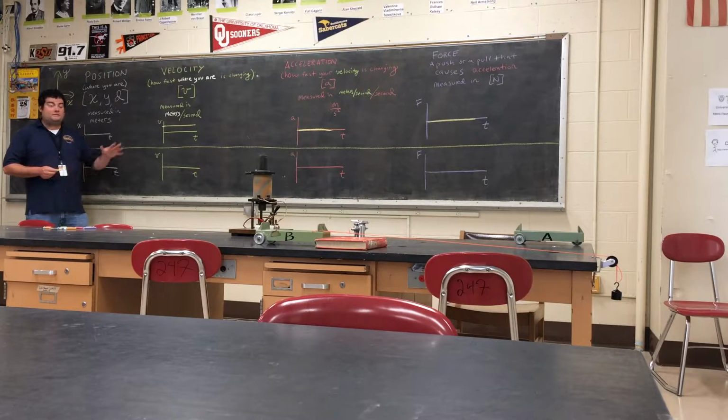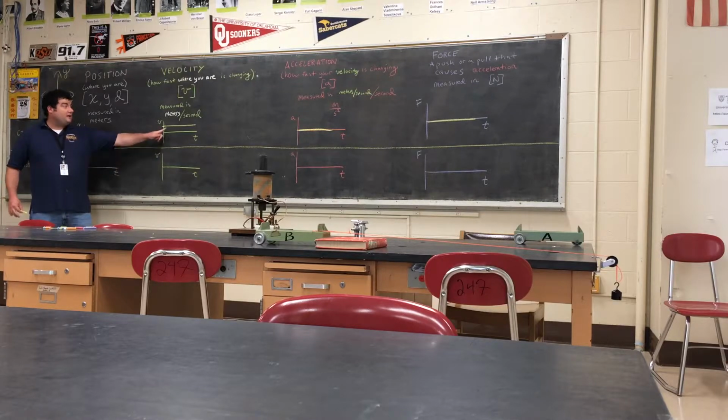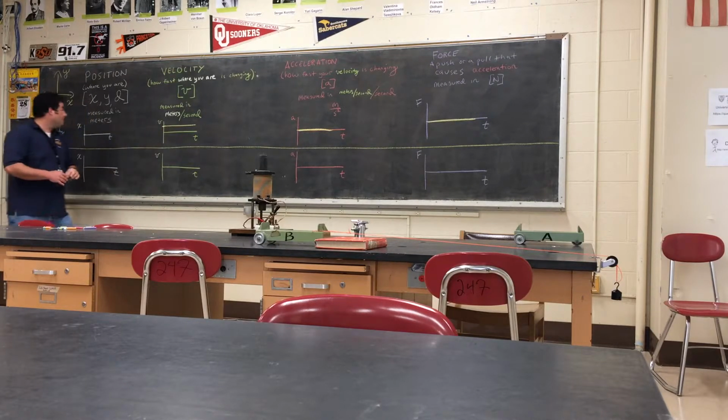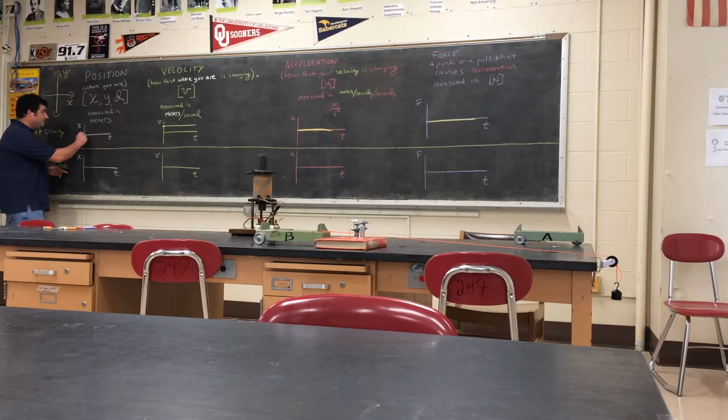Now it's important to remember that velocity is how fast your position's changing. Since we had a non-zero velocity, its position was changing. And clearly its position was changing, it was moving. Since the velocity was constant, that would imply that our position time graph increased at a constant rate. So in other words, this is linear.